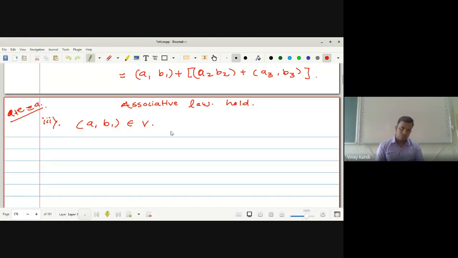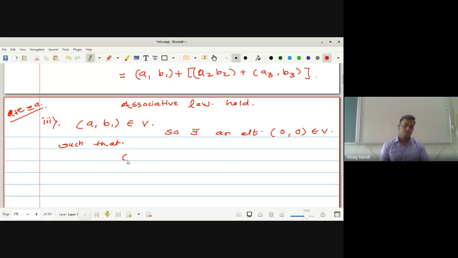So there exists an element (0, 0) belonging to V, since 0 is a real number. So in the set V, we have the element (0, 0).